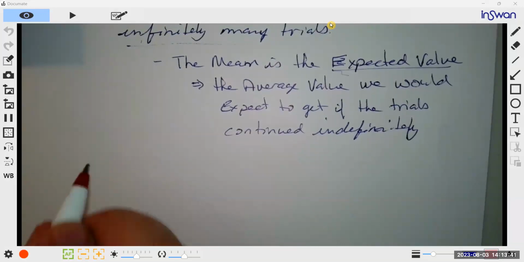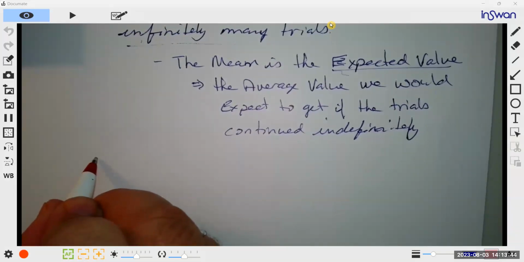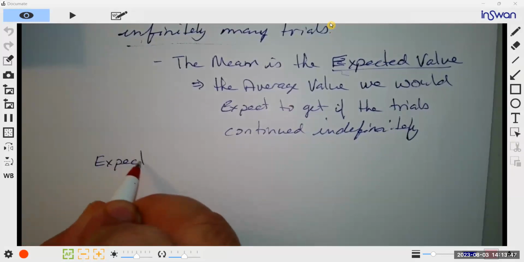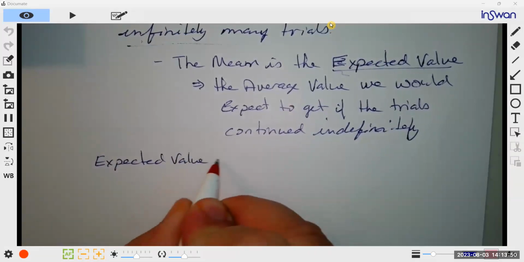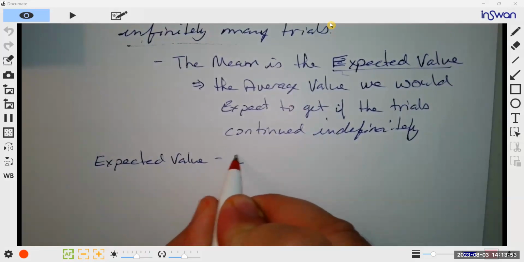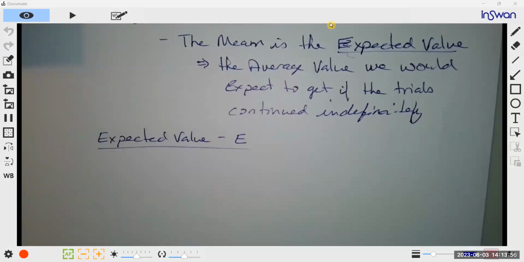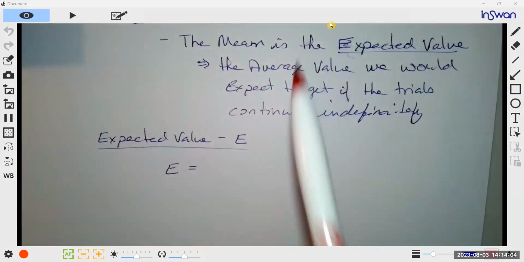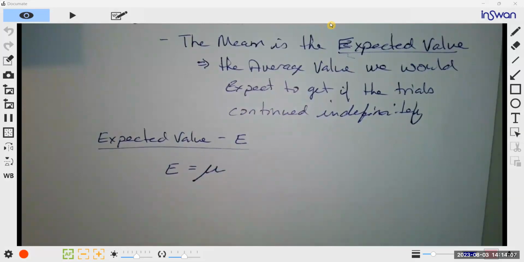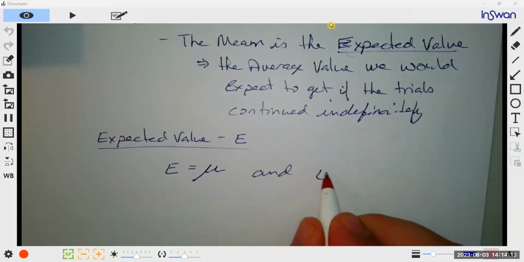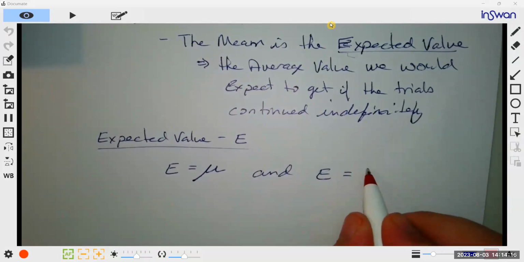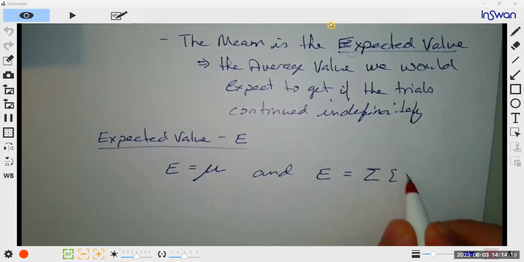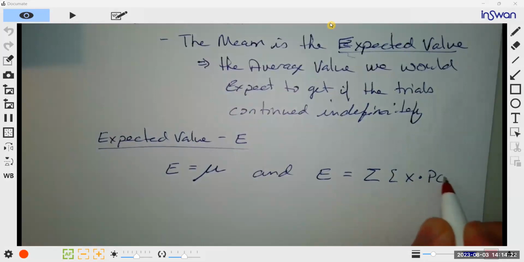Let's look at the notation for it. The expected value, we'll call it E. So E is equal to, since it's the mean, the average of the entire population, and E is also equal to the summation of your x's times your probabilities.